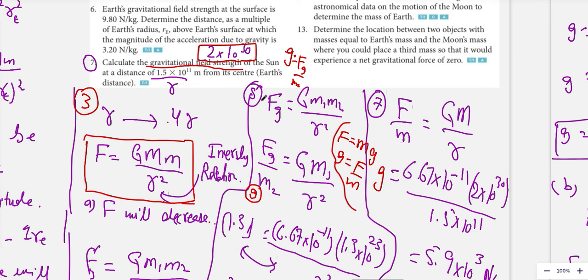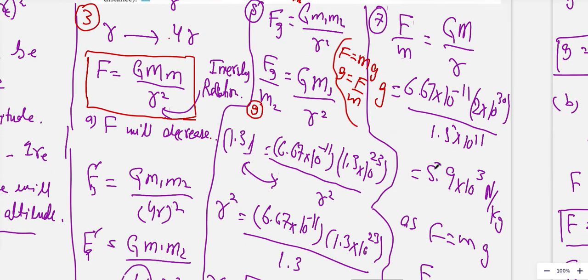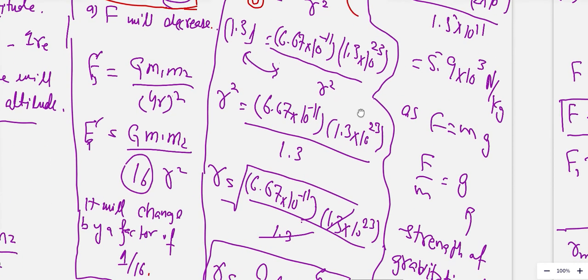Then R is given, which is 1.5 into 10 to the power 11, and then we will get 5.9 into 10 to the power 3 Newton per kilogram. 5900 is the gravity of the sun. You got it?